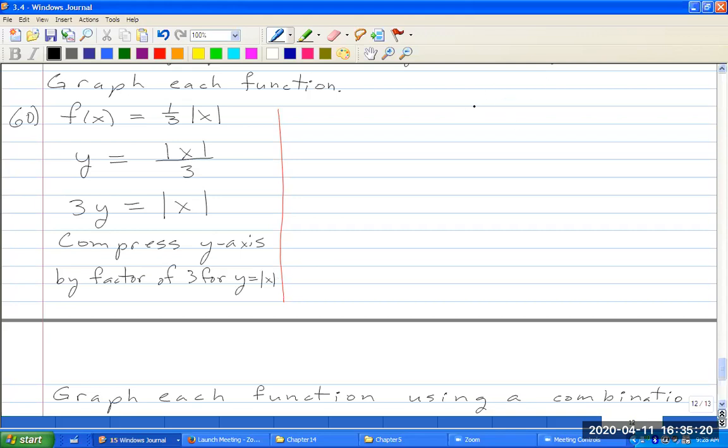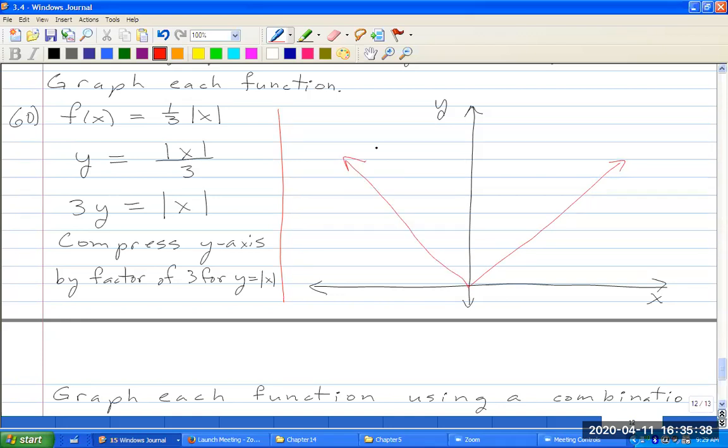So let's take the graph of y equal absolute value of x. So I'll start out with absolute value of x. It's not very symmetric, but let's see if I can.